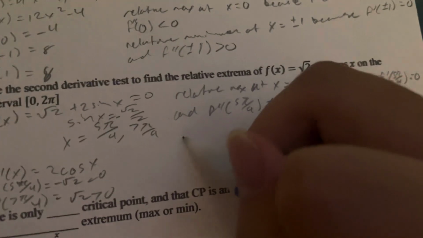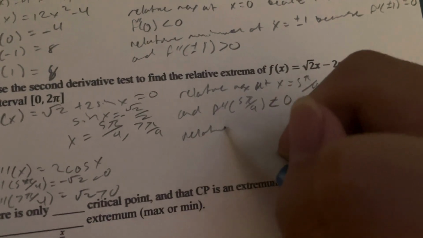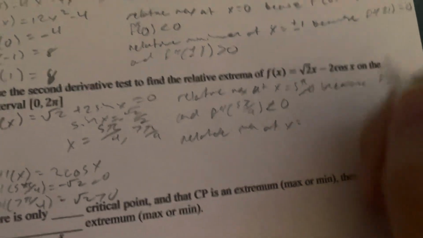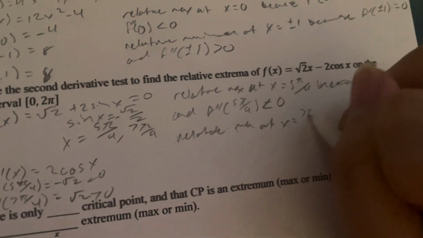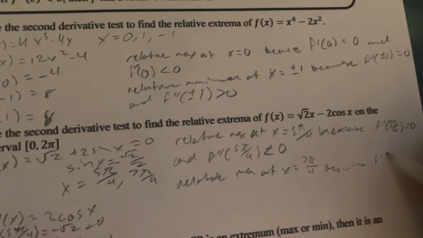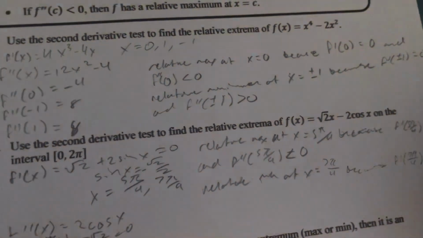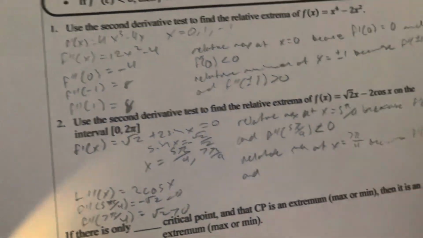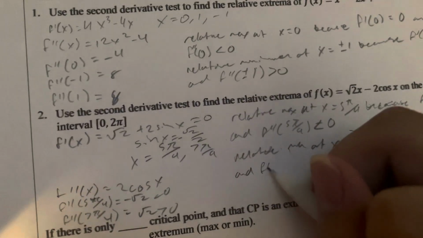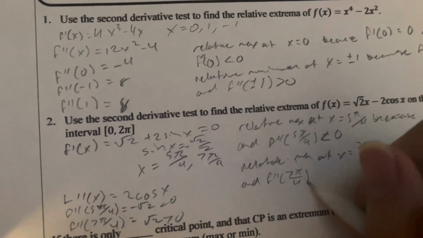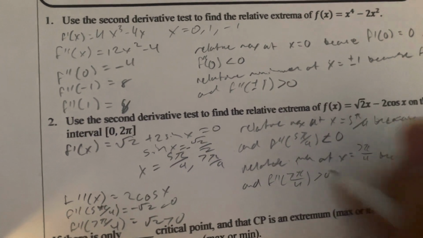Then we can say there's a relative min at x equals 7 pi over 4 because f prime of 7 pi over 4 is equal to 0, and f double prime of 7 pi over 4 is greater than 0.